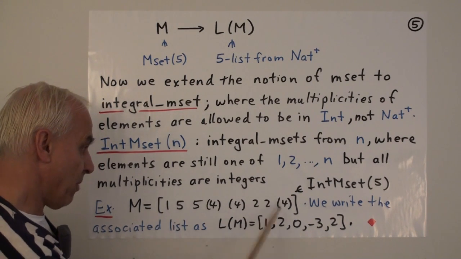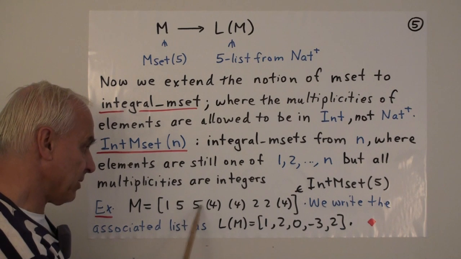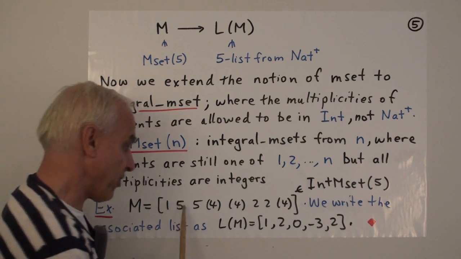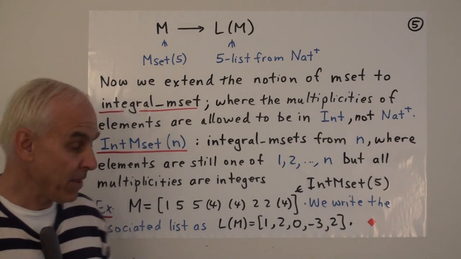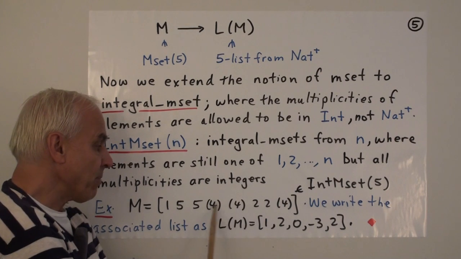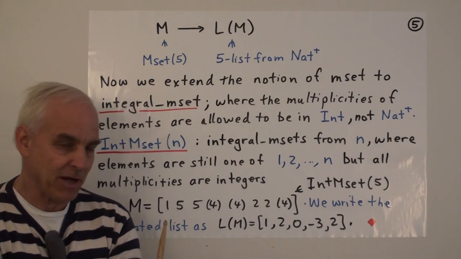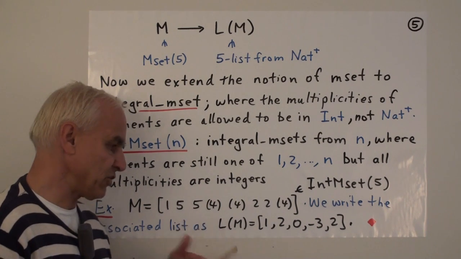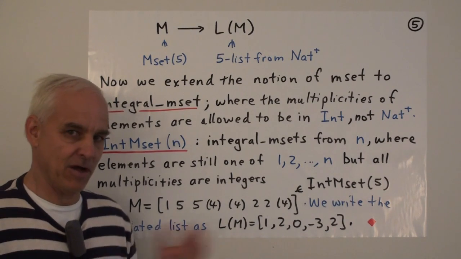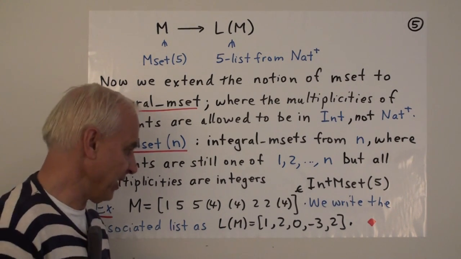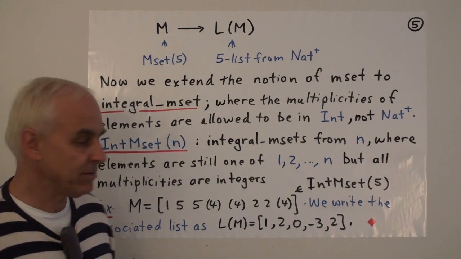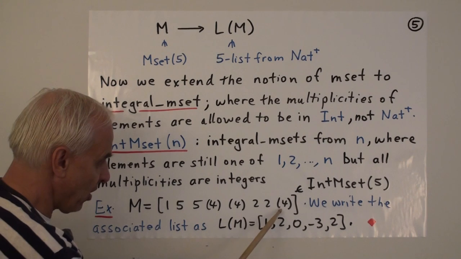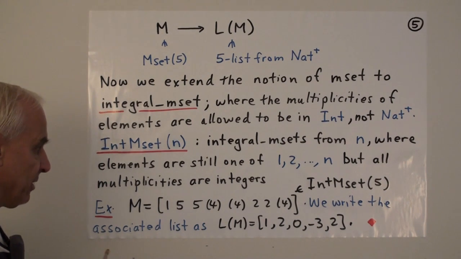And 1 occurs with multiplicity 1. 5 occurs with multiplicity 2. 2 occurs with multiplicity 2. The number 3 occurs with multiplicity 0. But the number 4 occurs with multiplicity -3. Right? So we're using a counting notation where that bracket means that that 4 is actually a debt, not an asset. It's to be counted negatively. We could also have written it in red, but we'll just stick with this bracket notation. So these things here are all negative multiplicities.